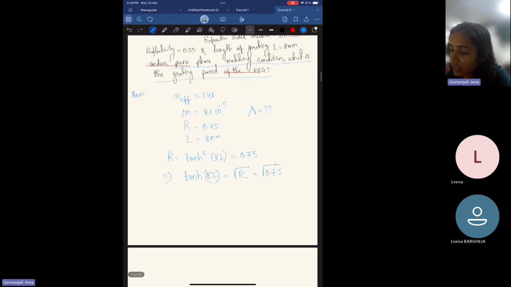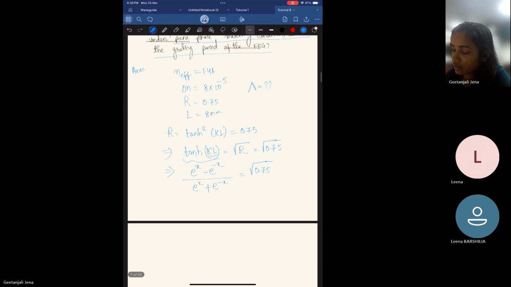So we need to find kappa L first, which you can find by taking the inverse of the tanh function. But the other way is to use the expression of tanh, which is e to the power x minus e to the power minus x over e to the power x plus e to the power minus x, which equals the square root of 0.75. To solve it, you need to make some algebraic manipulation.